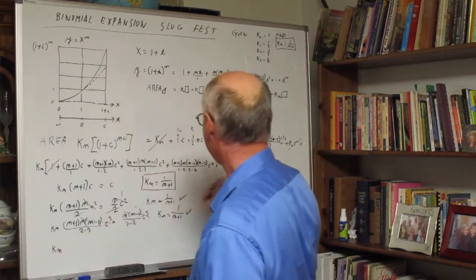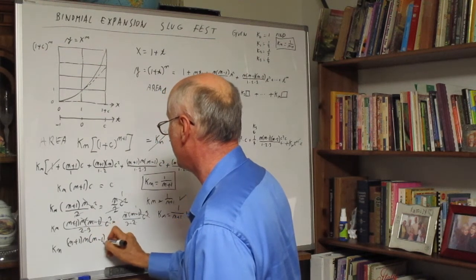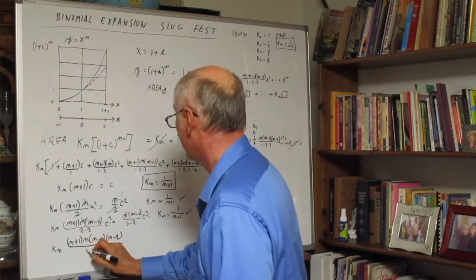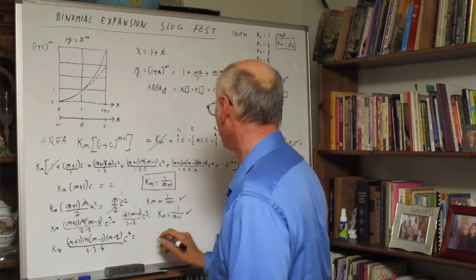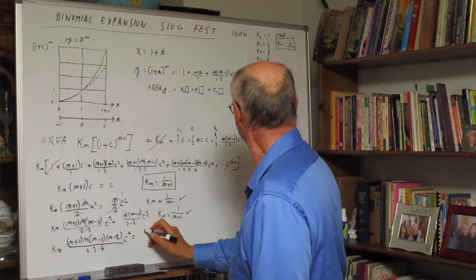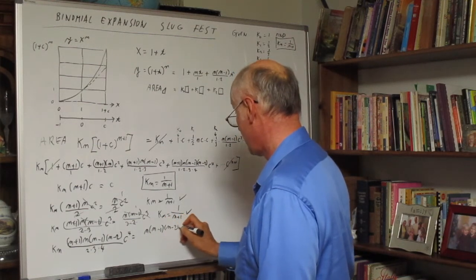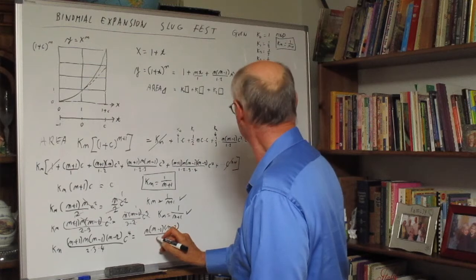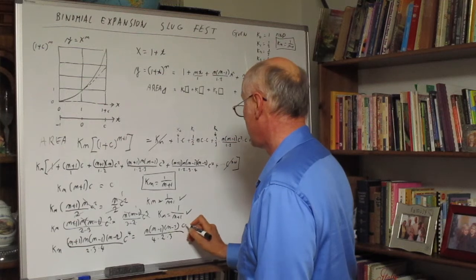K sub n, n plus 1, n minus 1, n minus 2, the whole thing over 2 times 3 times 4, c to the fourth, that equals, let's look over here, yes. n minus 1, minus 2, all over 4 times 2 times 3, that's c to the fourth.